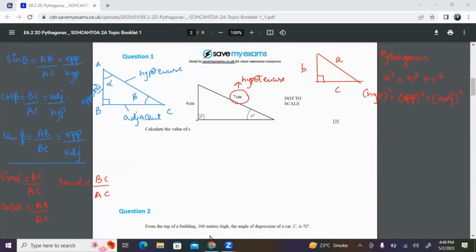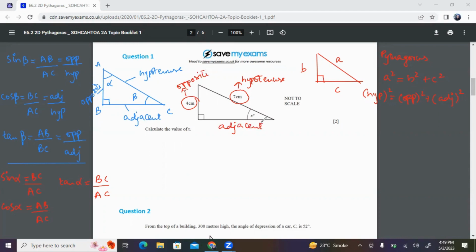Since the angle lies on this line, the length opposite to the angle is your opposite, which is this. Which means this length is your adjacent.